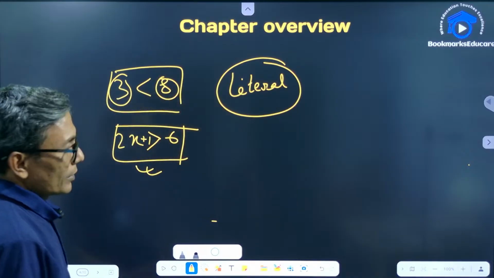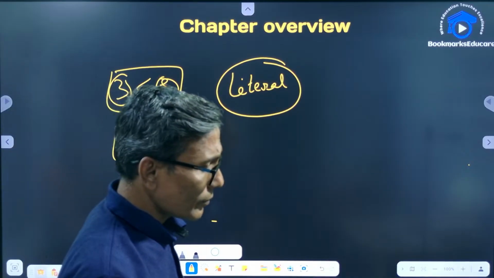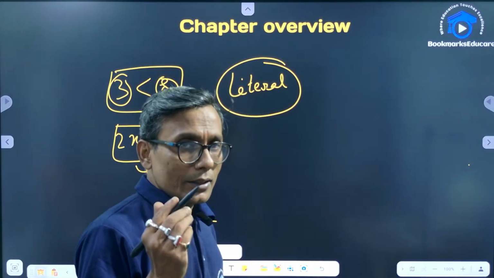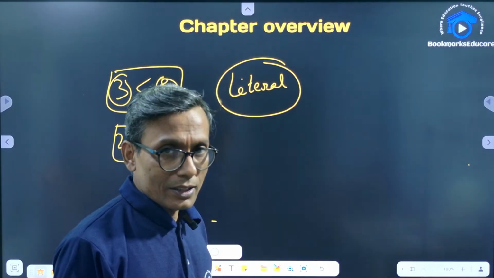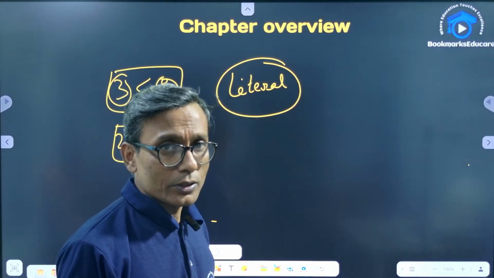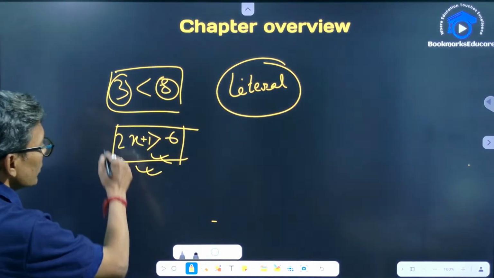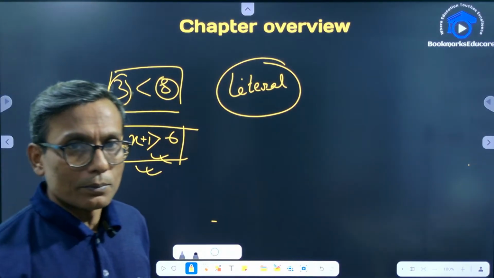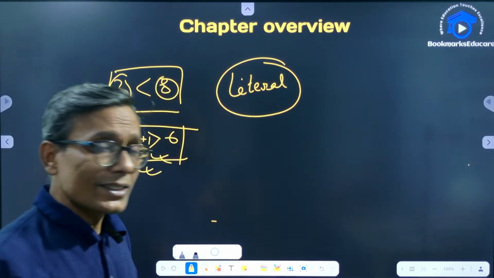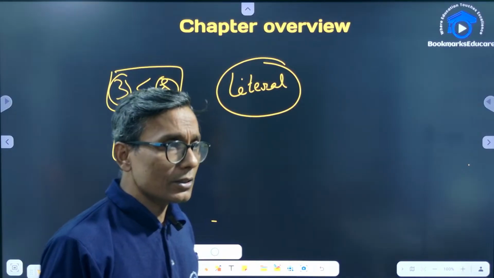Okay, so third is linear inequation with one variable. So what is a linear inequation with one variable?